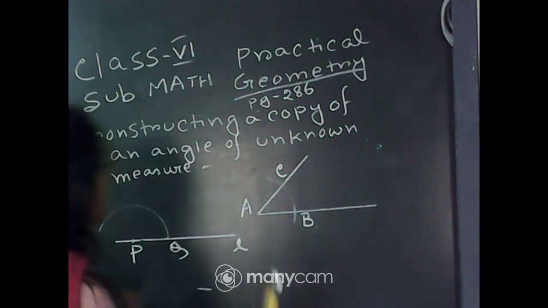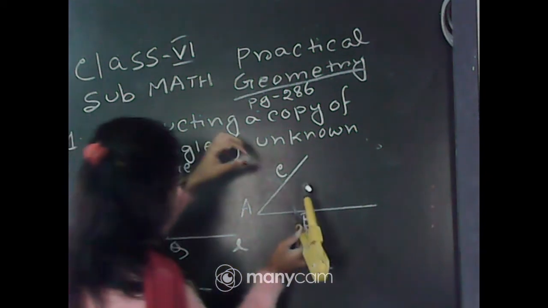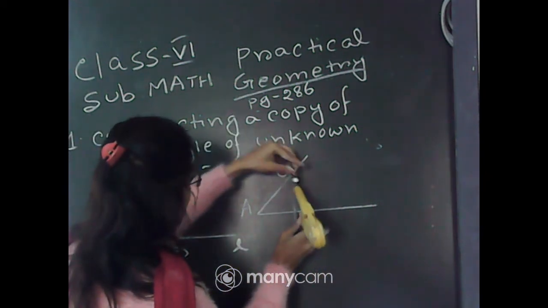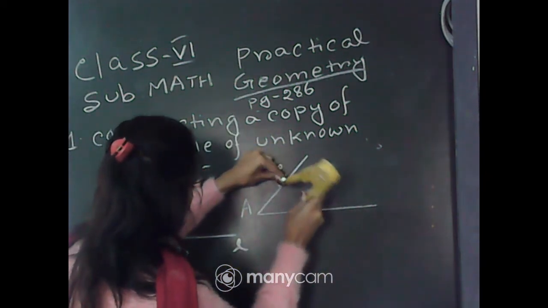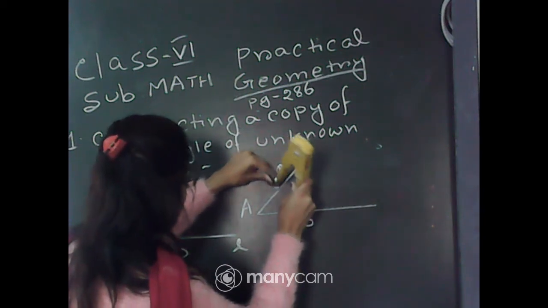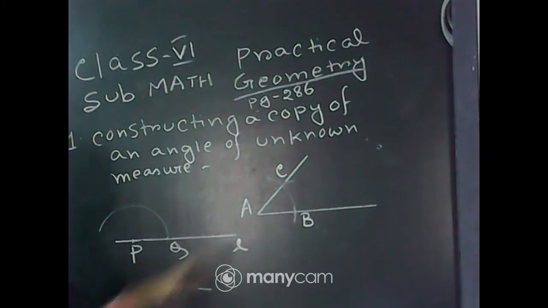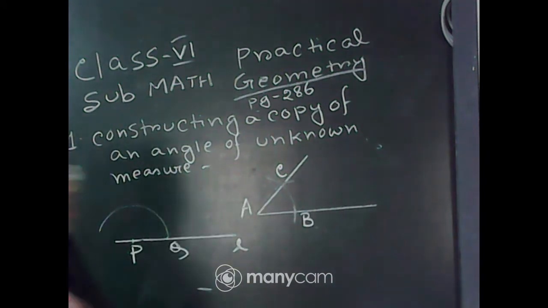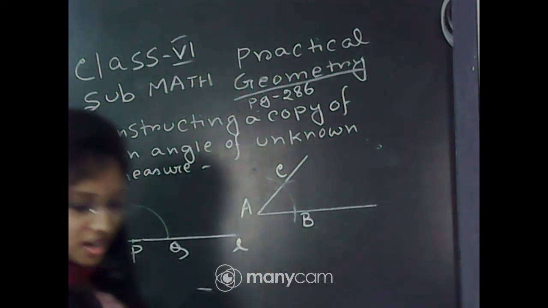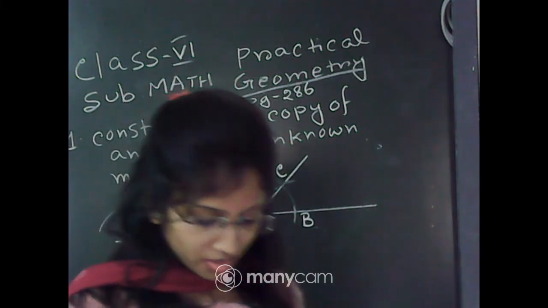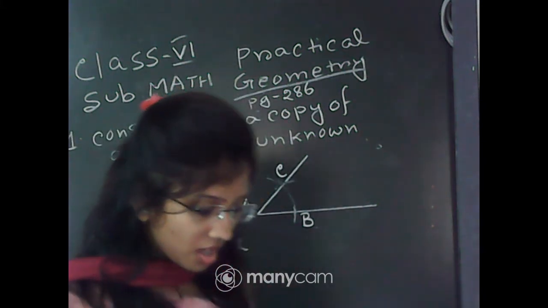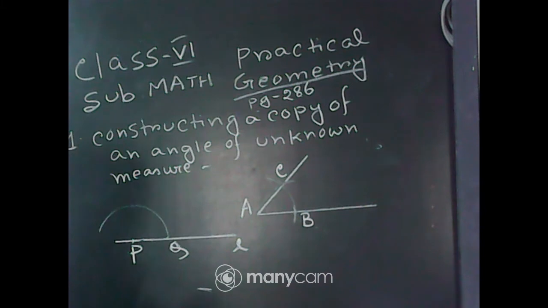Now set the compasses to the length BC, to the same radius.